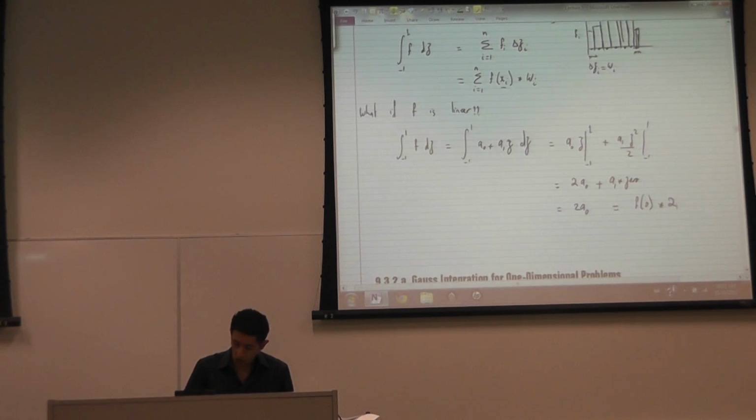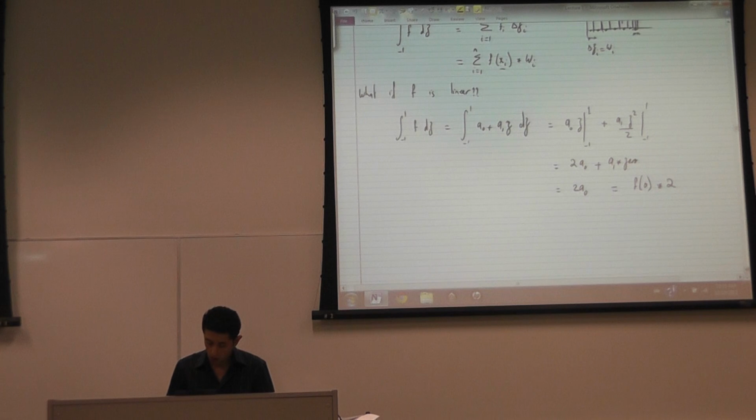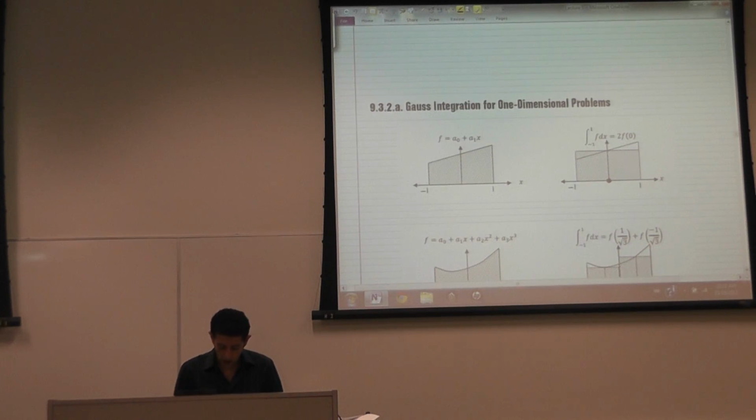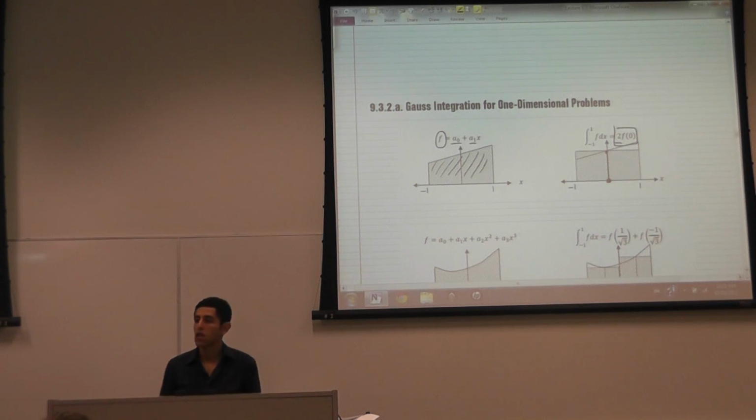So basically, instead of trying to calculate this area, and integrate a0 plus a1x from -1 to 1, I could just calculate the function at 0 and multiply by 2. And this is a numerical integration scheme because I'm not really doing any integration. I'm calculating the function at a point, multiplying by a weight. But this happens to be accurate when the function is linear.